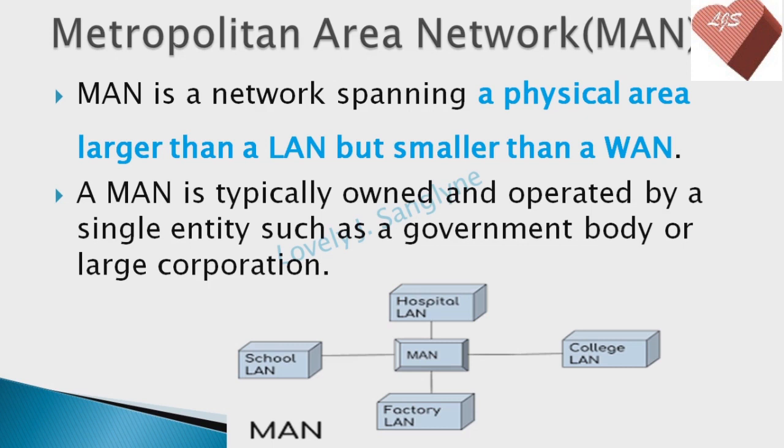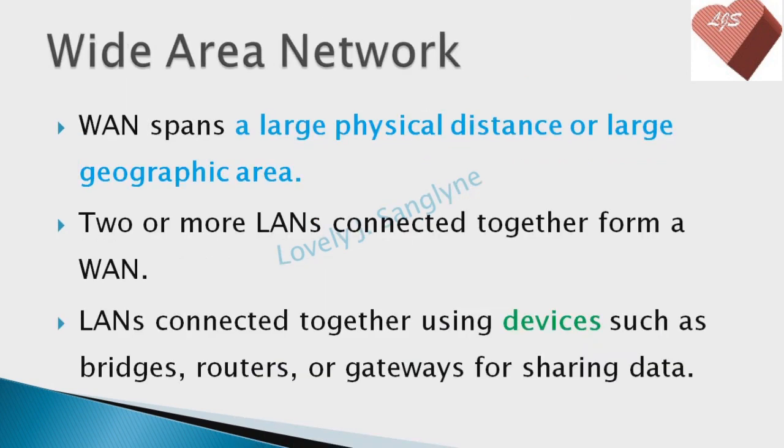So when you think of any network which spans a city, that means it is a metropolitan area network. This type of network cannot span worldwide, so it is smaller than a wide area network or WAN, and larger than a LAN, which is a local area network.